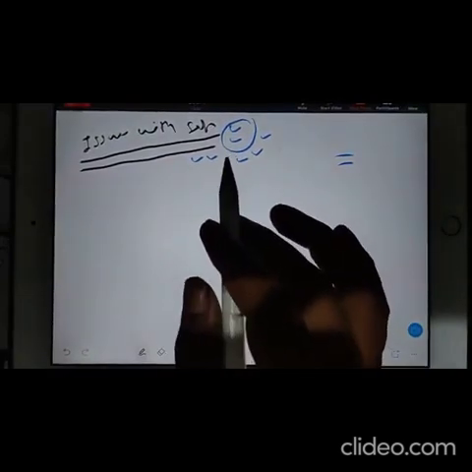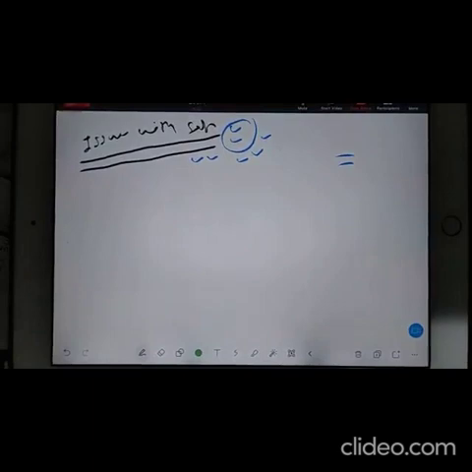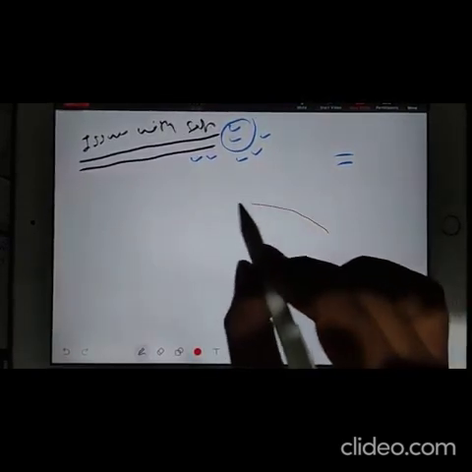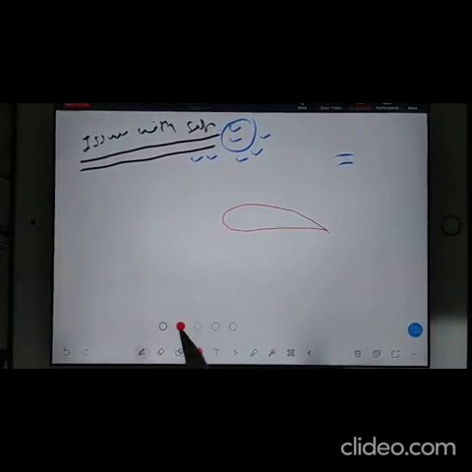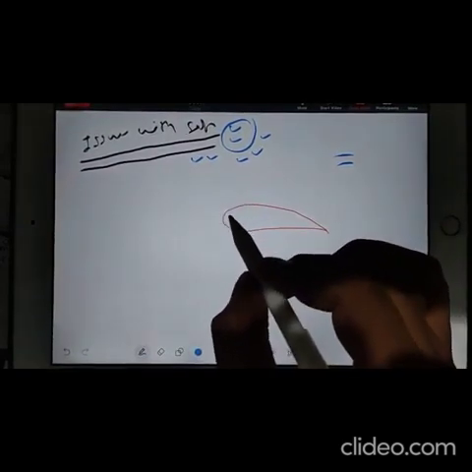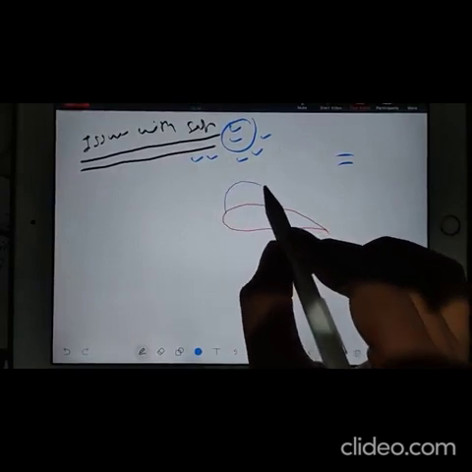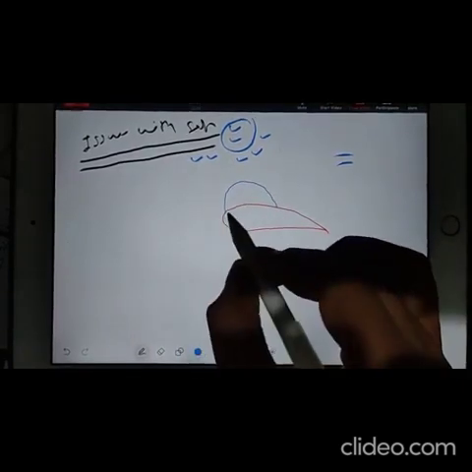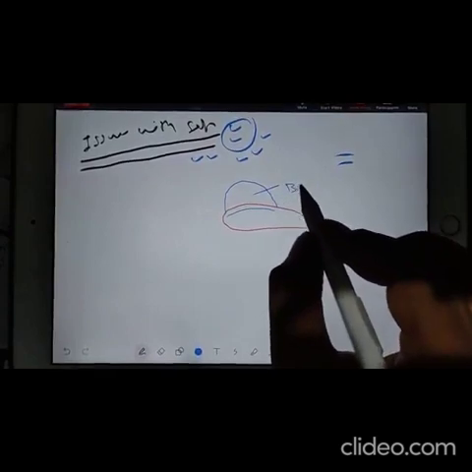Okay. Now see. First, I will explain now about the idea of separation bubble. What is separation bubble? See, when you have a wing, then here on the leading edge till a certain distance you get a bubble.